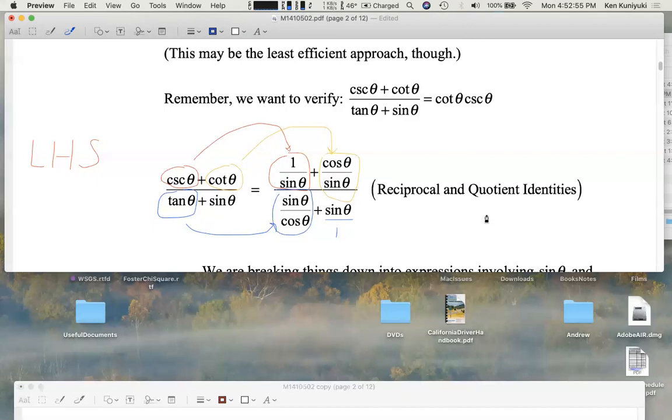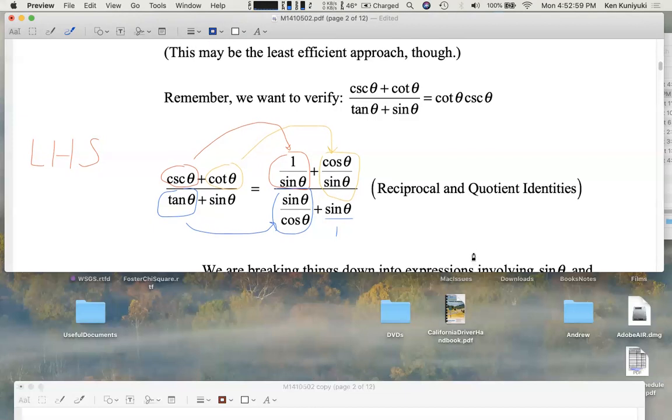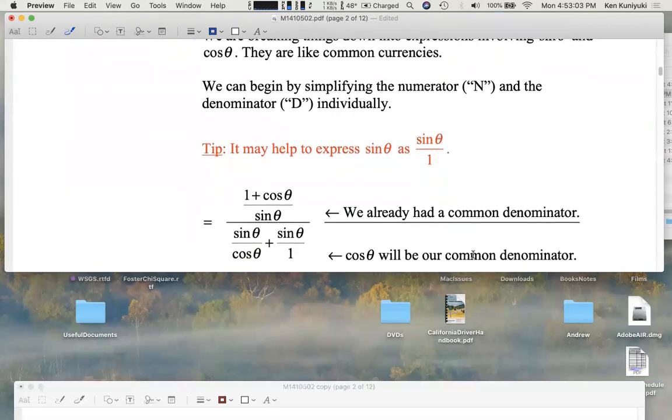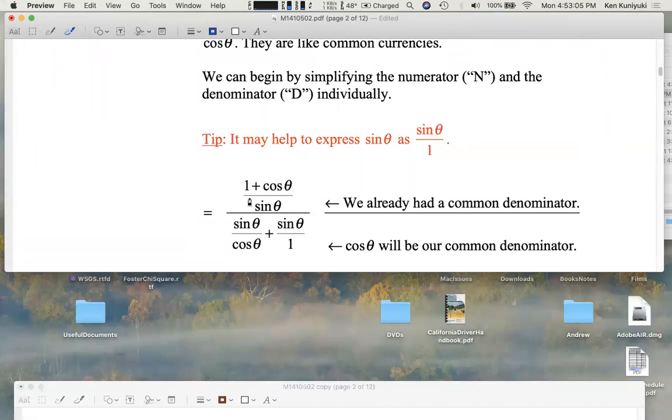All right. Now, on the top, we have a common denominator, so we can add those fractions, those rational expressions. So we have on top the fraction 1 plus cosine of theta over sine of theta, and on the bottom, we have this sum of fractions. Now, we could try to get a common denominator down here so that this new denominator becomes cosine of theta.